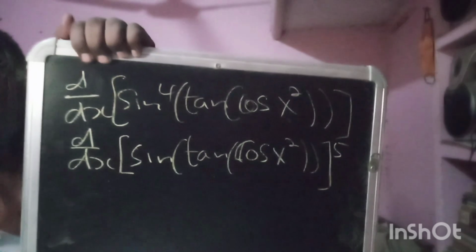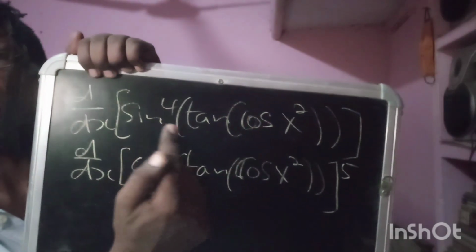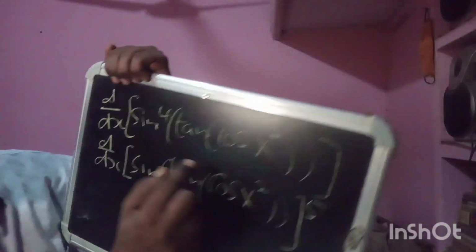So left side, sine tangent cosine x squared, and then we have 5 here. So we have rewritten it in this format so that you can be able to differentiate. In this form we can't be able to differentiate.